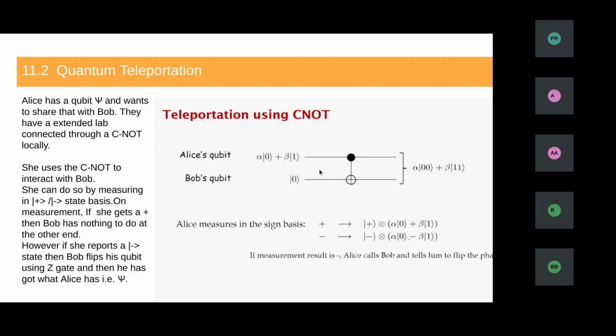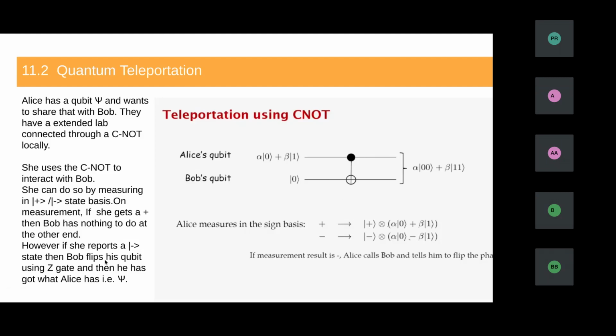So what we can do is apply this with a combination, and she can do so by measuring in the plus minus state. If she gets a plus, then she tells Bob he doesn't have to do anything, because he has got what he needs.